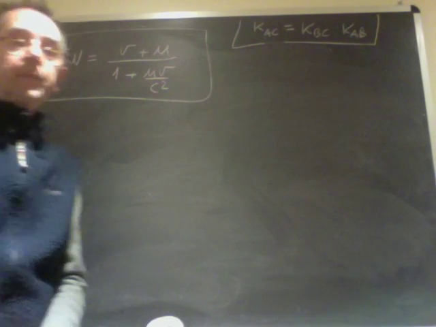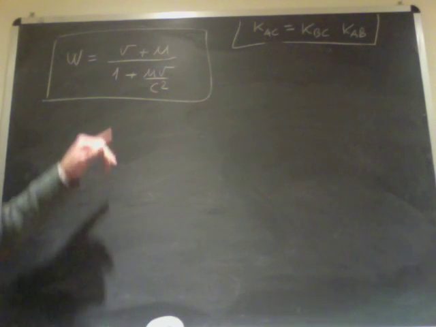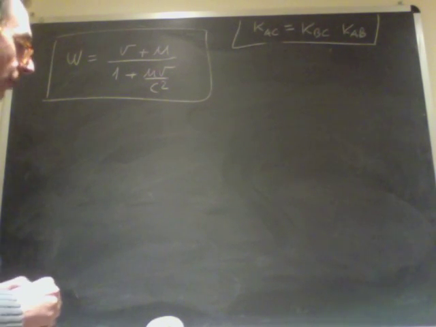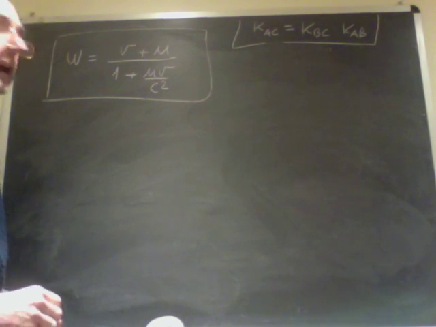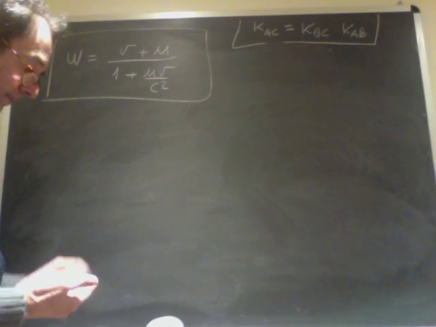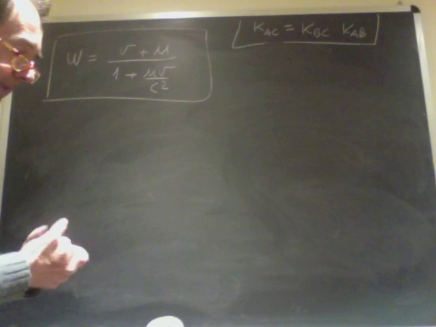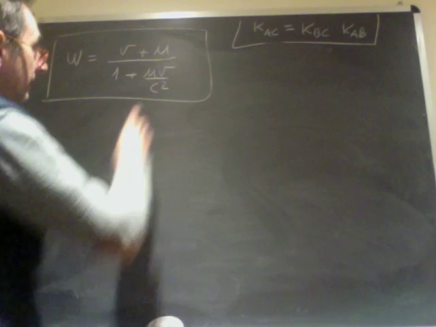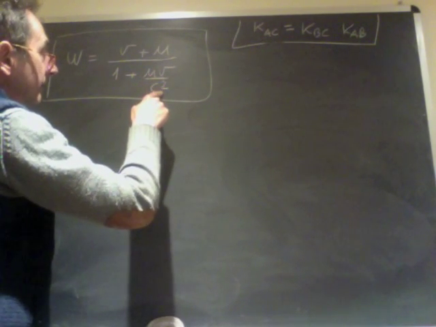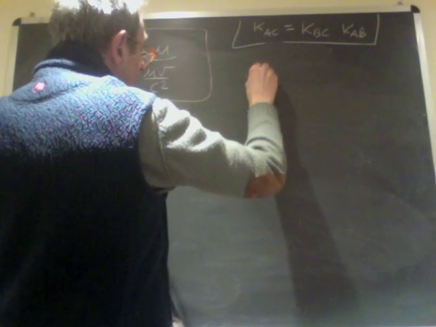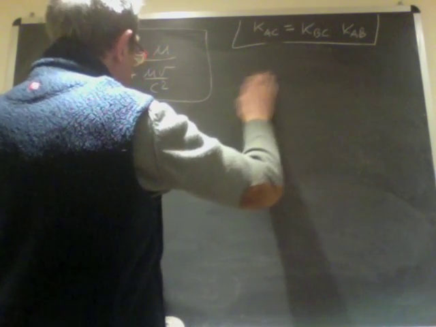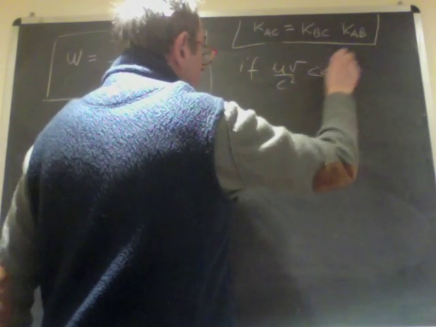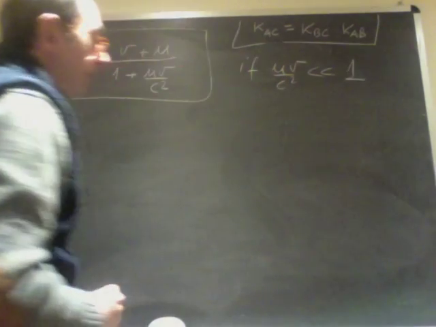Do you like it? You should like it, because this formula tells us that when U and V are much smaller than the speed of light, the product UV over c squared is much smaller than 1.